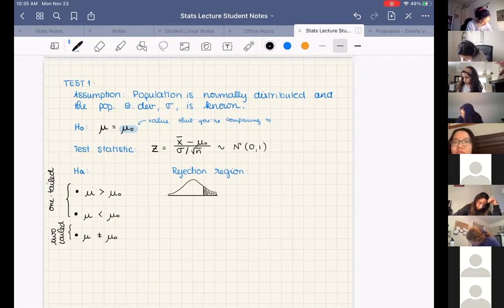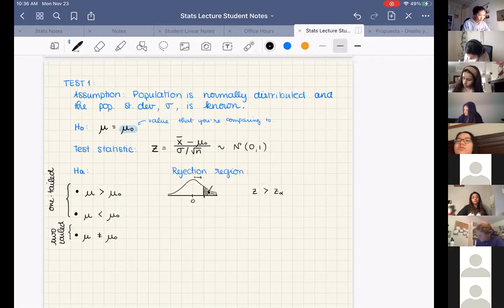Which means, because we know that this is a normal distribution with parameters 0 and 1, that we will reject if the value of z, the test statistic, is larger than z alpha. Remember, we said that if this part over here is alpha, which is the probability of rejecting if H naught is actually true, this will be z alpha here.